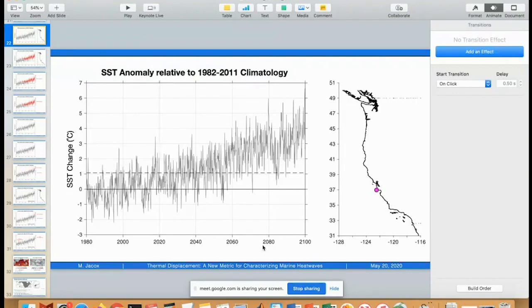Mike, I was kind of curious about something along those similar lines. So this is more of a Lagrangian metric, whereas these other metrics are more Eulerian. Do you capture events, say, over the last 50 years that you don't capture with just an SST metric?